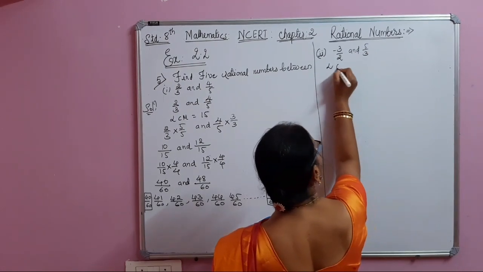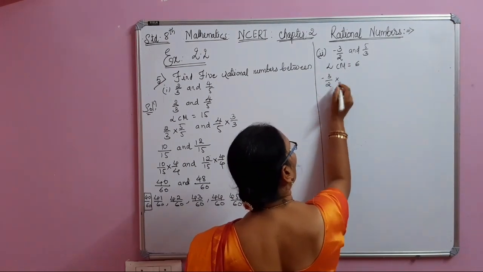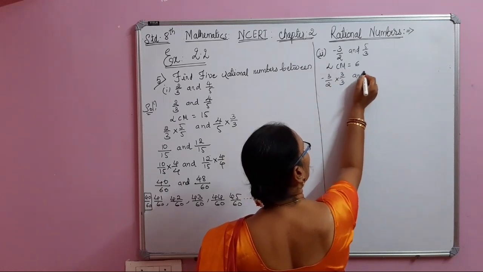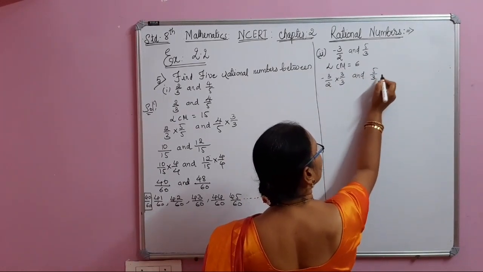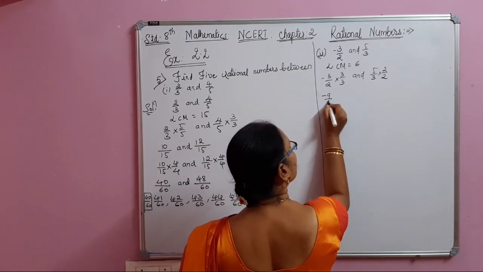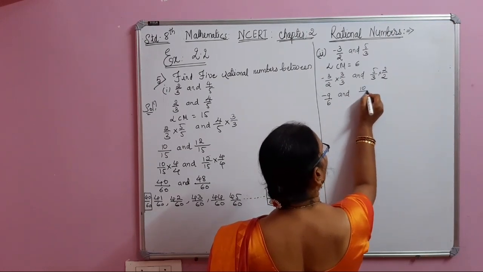See here, LCM is equal to 6. So minus 3 by 2, how do we make it 6? By multiplying by 3 by 3. And 5 by 3, how to make it 6? Into 2 by 2. So minus 9 by 6 and 5 2s are 10 by 6.